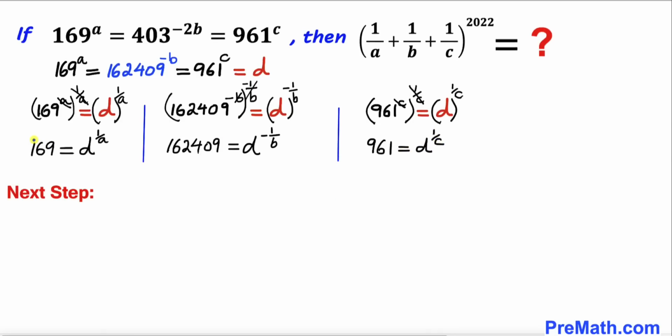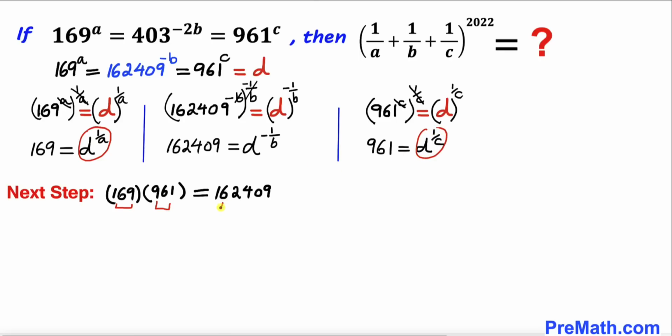Here's our next step. Let's look at this 169 and 961. We are going to multiply them out: 169 times 961 gives us, obviously, 162,409. Now we can replace 169 by d power 1 over a, and 961 by d power 1 over c.